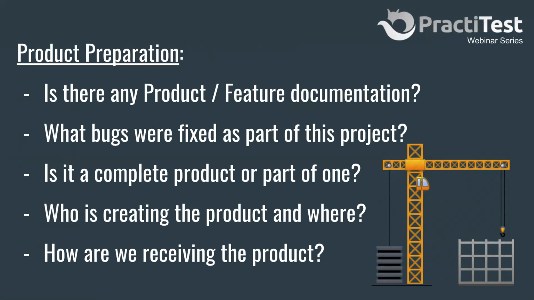Moving forwards, given that not all developers are created equal and not all teams are created equal, I always like to understand who is creating this product and where this person is located. Who is creating it? I usually try to get references. So, oh, it's team X that is actually doing it.